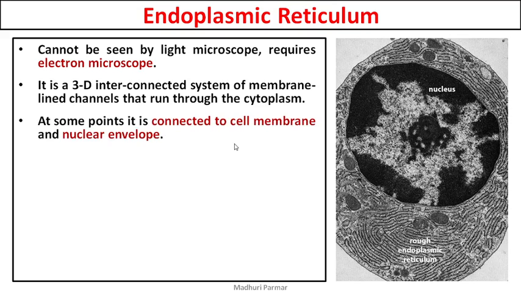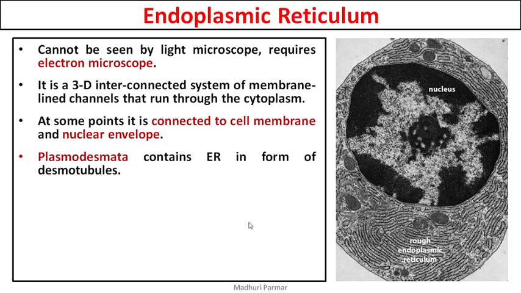At some point, it is connected to the cell membrane and nuclear envelope. Whatever the nuclear covering is there, the endoplasmic reticulum will be attached at some places. And it will also be attached to the cell membrane at some places. Then plasmodesmata, we studied desmotubule, right?